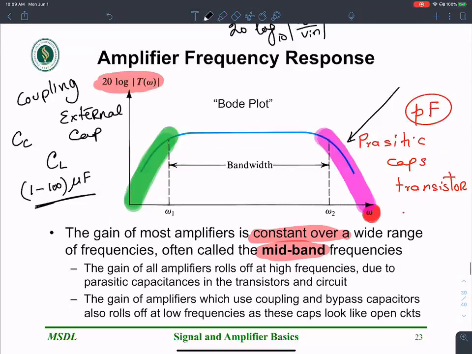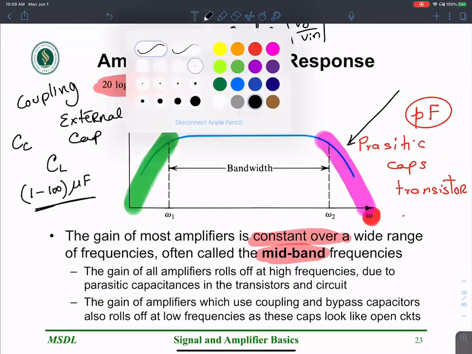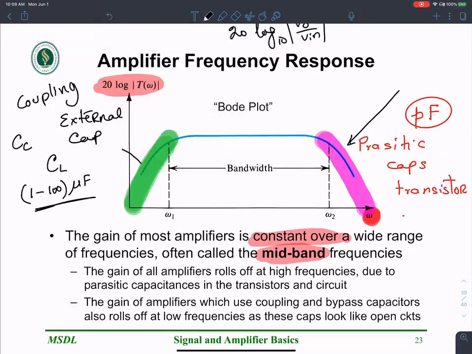This is an example of AC coupling. The low frequency roll off is brought about by the external capacitances. External capacitances are large, and the parasitic capacitances are small. The roll off on the right, shown in purple, is brought about by small parasitic capacitances that are part of the transistor used for building the amplifier circuit.